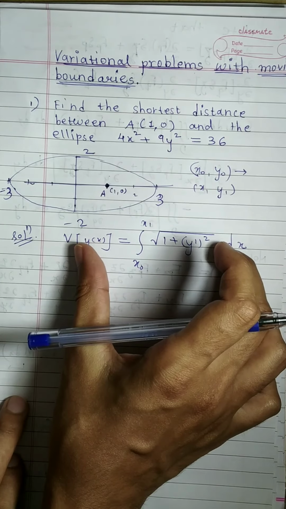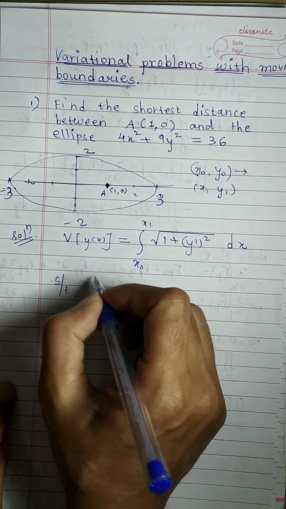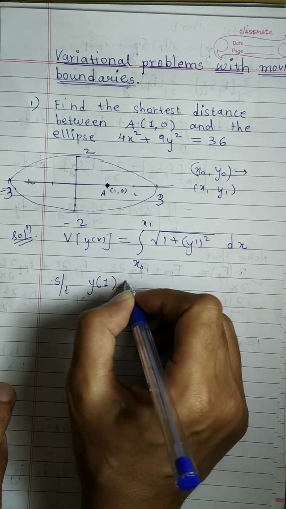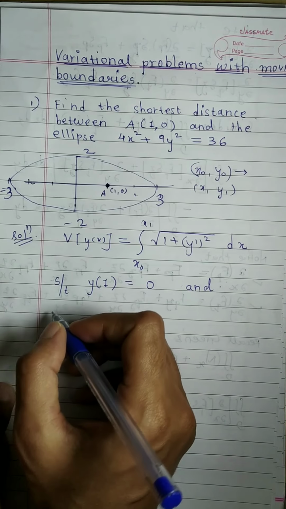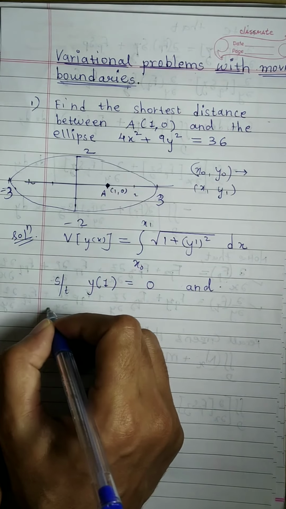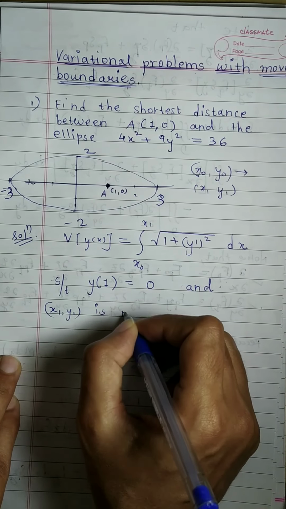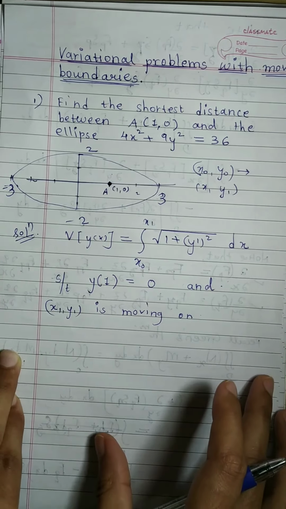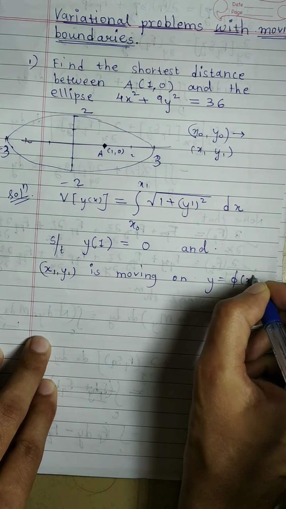So this is the functional that we will be dealing with, such that y at 1 is equal to 0 and the other point, the point x1 comma y1, is moving on y equal to phi of x.